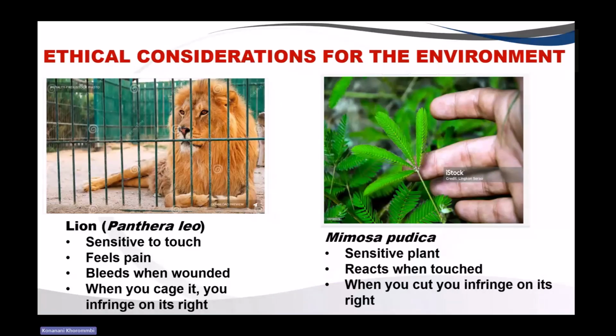It bleeds when wounded. When you shoot it, I used to work with animals, and sometimes we are allowed to reduce the population of animals. And the manner in which we do it, we cull them. Culling is an official and a scientific approach to managing the population of animals. Then we shoot them, and there is a way in which we are allowed to eliminate, to reduce the numbers.